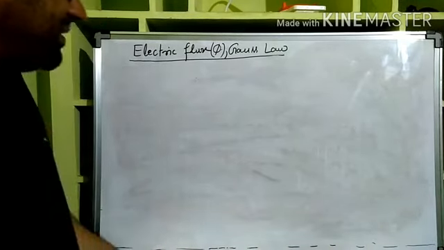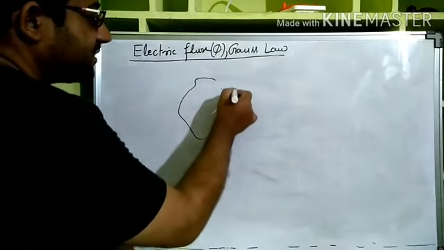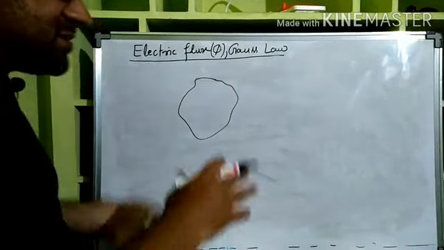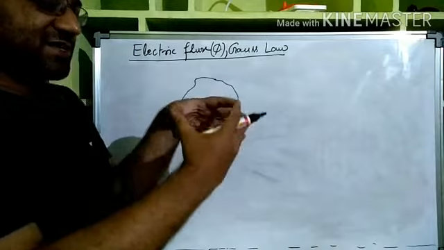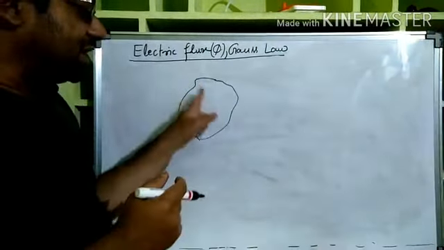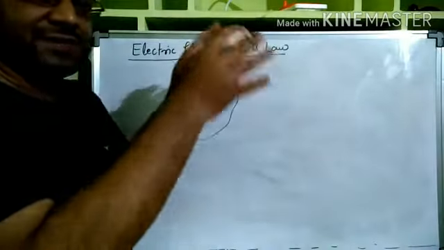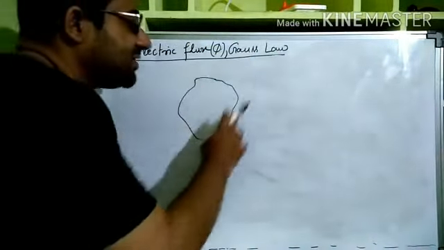So what it means is, suppose we are having a closed surface. And what is a closed surface? The name itself suggests, right? You imagine one closed surface. Now in a closed surface, that doesn't mean that there is actually a surface, but this is one imaginary surface.